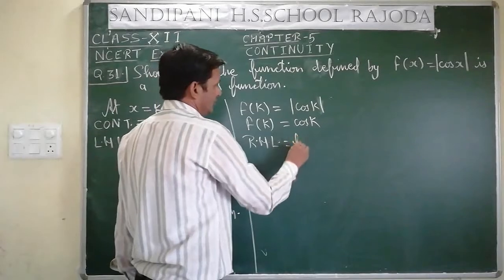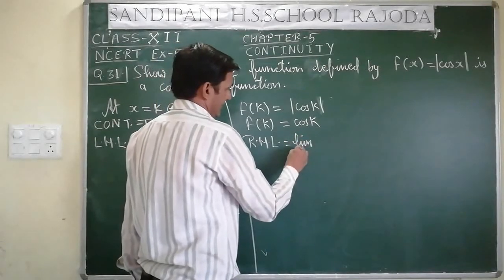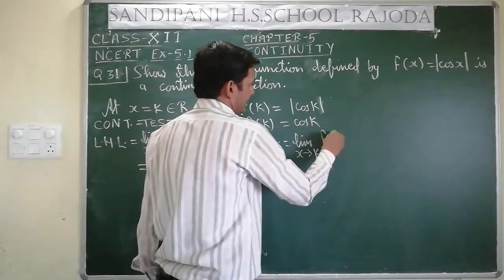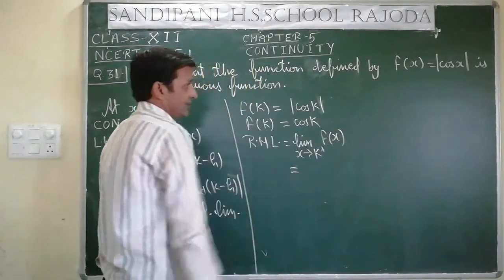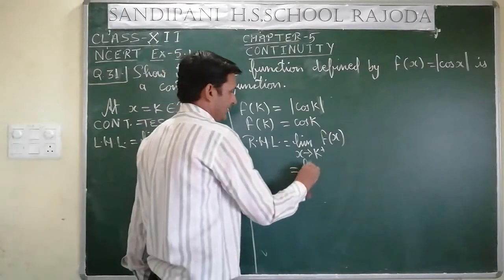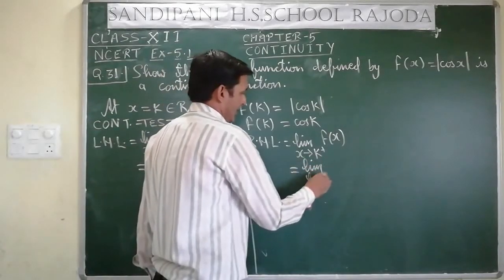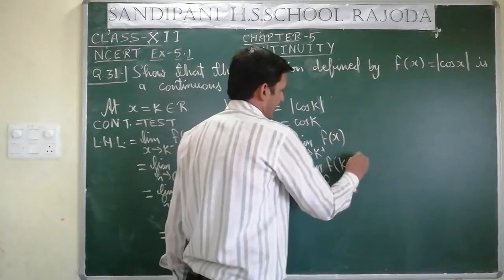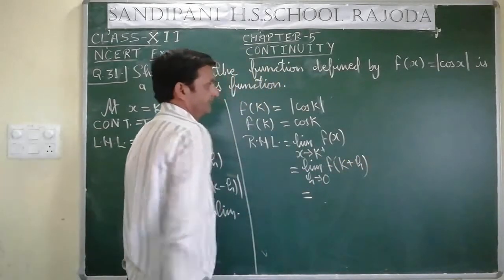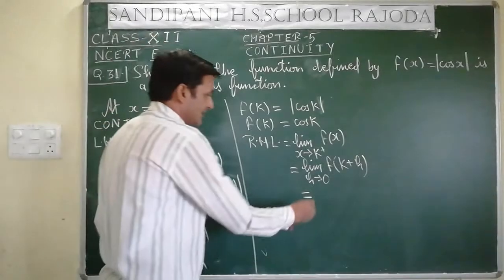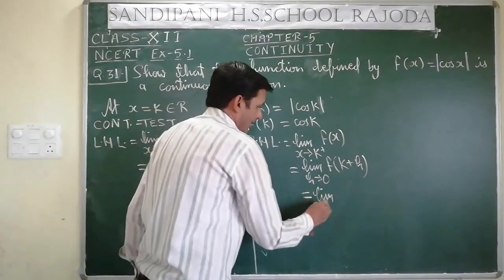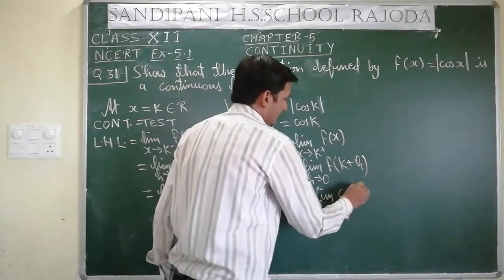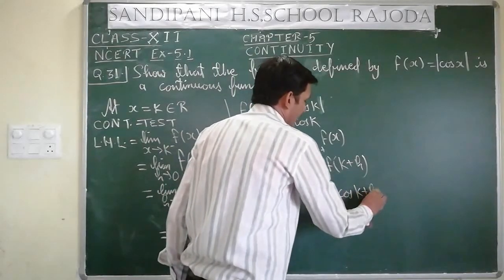RHL is equal to limit x tends to k plus f of x, that is equal to limit h tends to 0 f of k plus h. F of k plus h means limit h tends to 0, we may write here cos k plus h in mod.